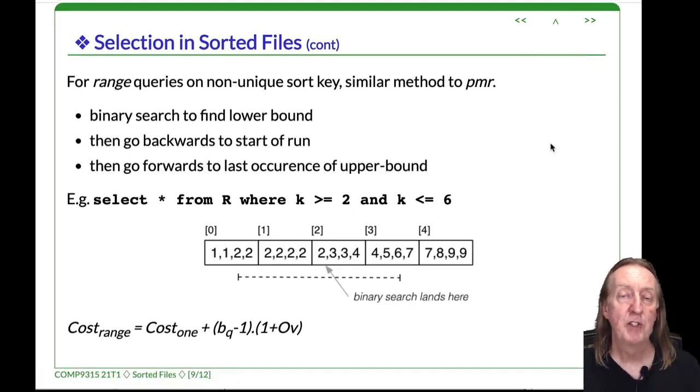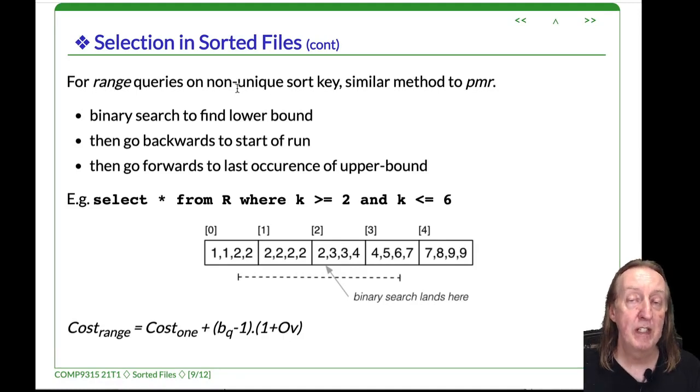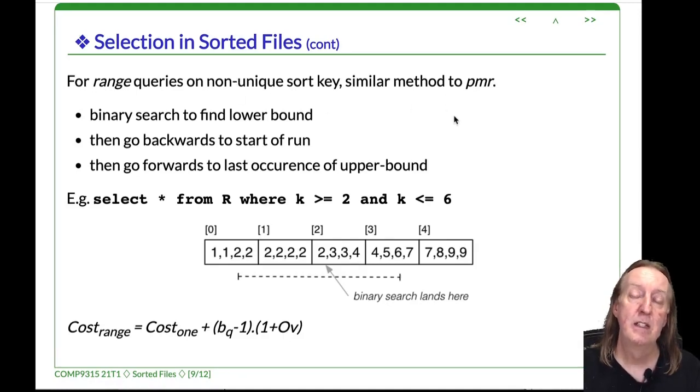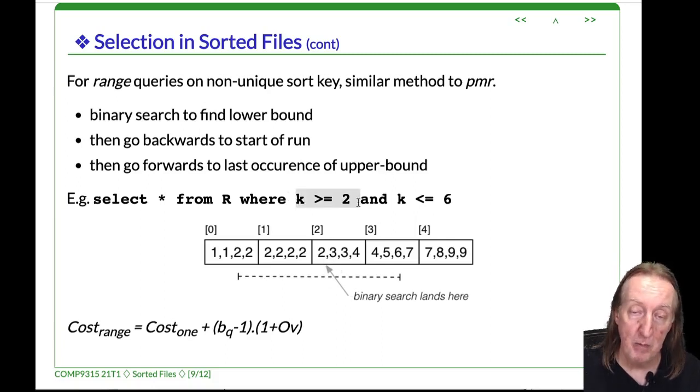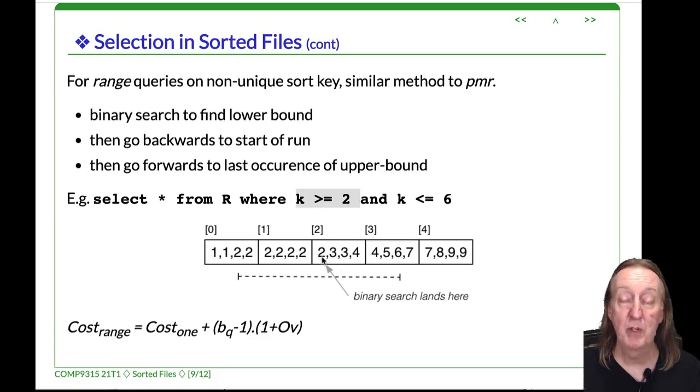If we're doing range queries on a non-unique key, then we have a similar kind of approach to what we did with partial match retrieval. Once again, the binary search is going to find a match. So we're looking for the lower bound. We find a tuple with the lower bound in this page, which is the first page we look at.